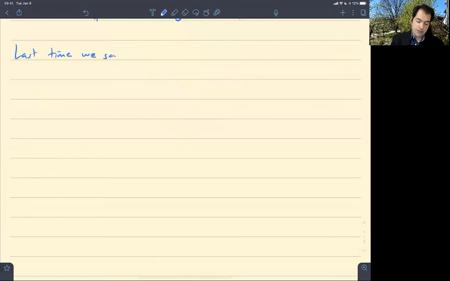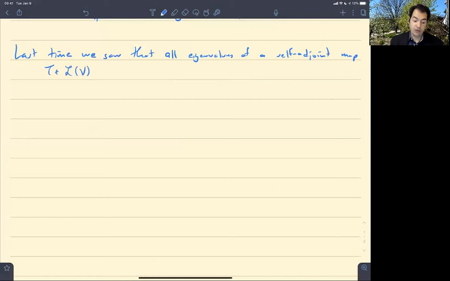Last time we saw that all of the eigenvalues of a self-adjoint map, so this would be the T, the linear map from a vector space to itself, that is equal to its adjoint, or equivalently, this says in terms of inner products that you can move the T from one side to the other, are real numbers.